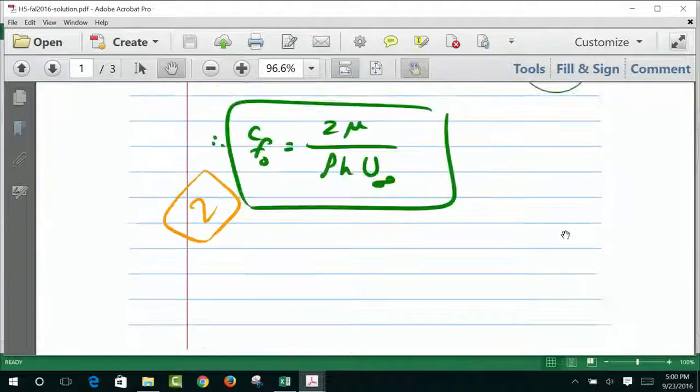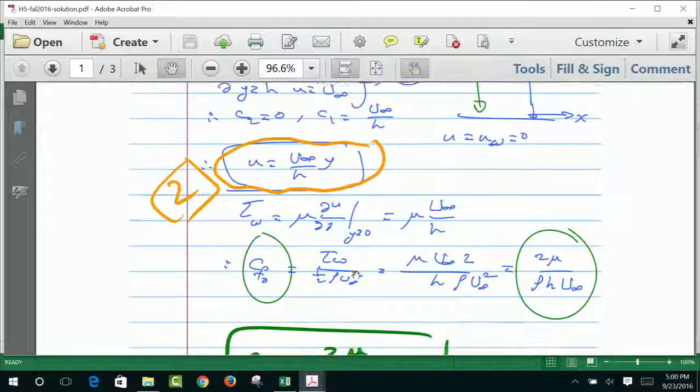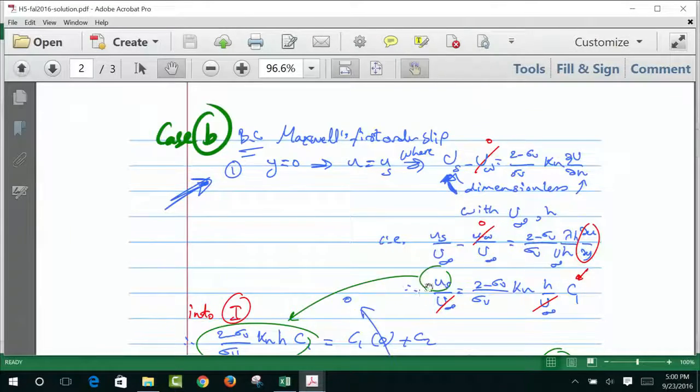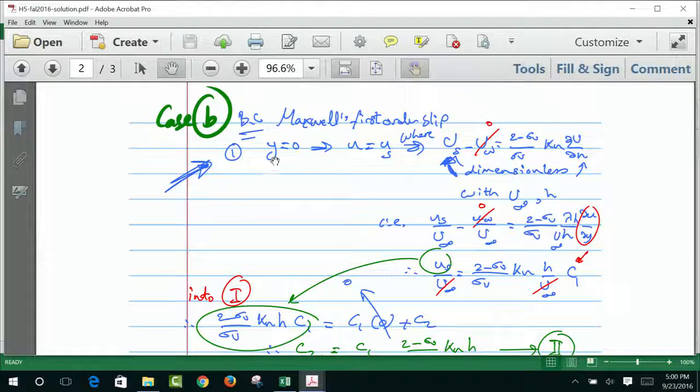We are trying to come up with C1 and C2. Right? So the boundary condition is that the velocity at the wall is u equal u slip, and we just calculated the u slip. So u is equal C1 y plus C2.